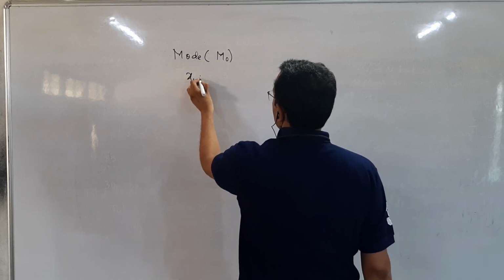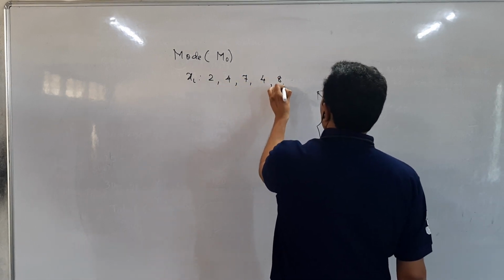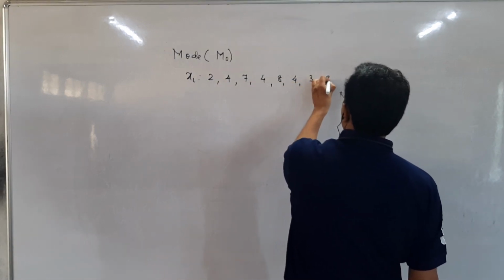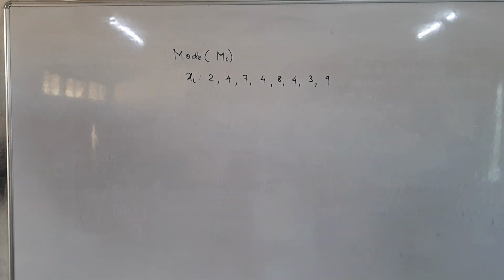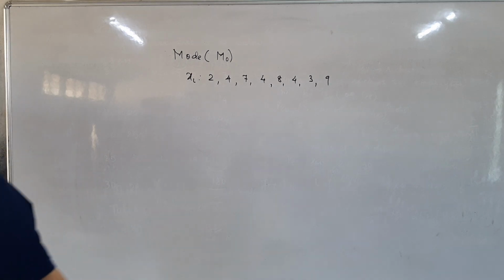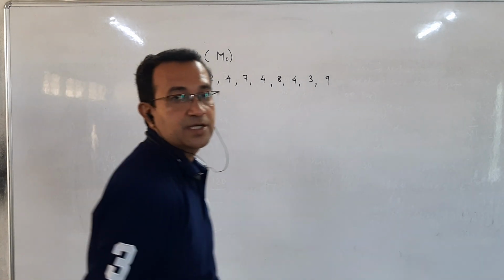Say you are given ungrouped data observations 2, 4, 7, 4, 8, 4, 3 and 9. This is ungrouped data, observations without frequency. Mode is the value of observation which is repeated the maximum number of times in the given data, or mode is the value of observation which has the highest frequency in the given data, as far as a discrete frequency distribution is concerned.